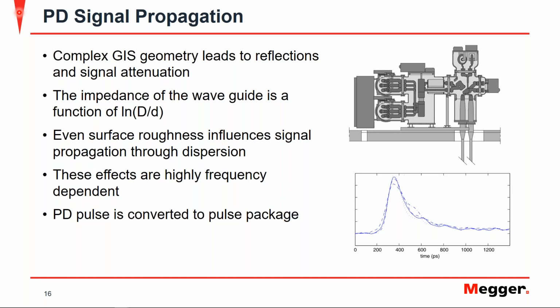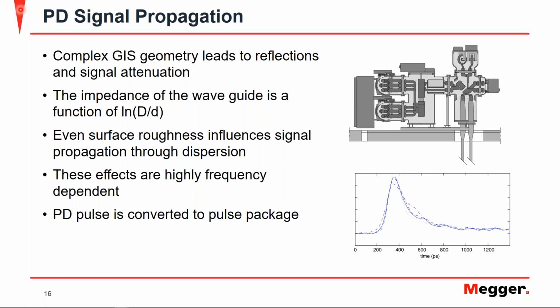Also, as we had previously mentioned, the GIS or gas insulated switchgear is a very complex system and has complex geometry, as you can see with the diagram to the right. And this leads to high frequency effects such as reflections and signal attenuation.